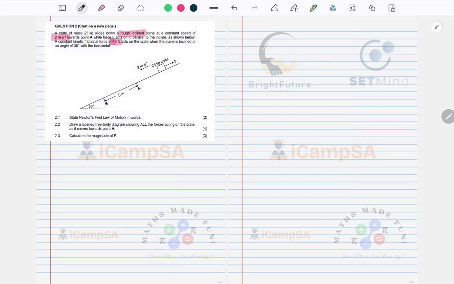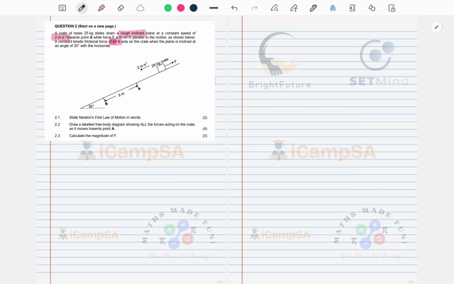What are they looking for from us? So here they're asking us to state Newton's first law of motion in words. Now we must remember this is the first law, so we must always know it. So here we're talking about a body that remains at rest, it will remain at rest, or it will remain in motion.